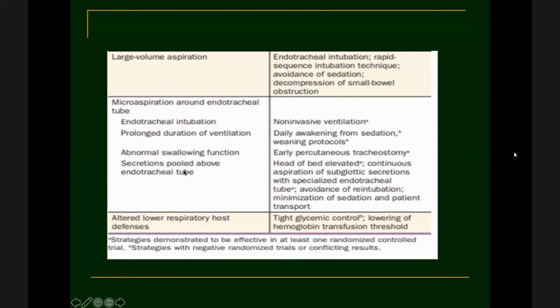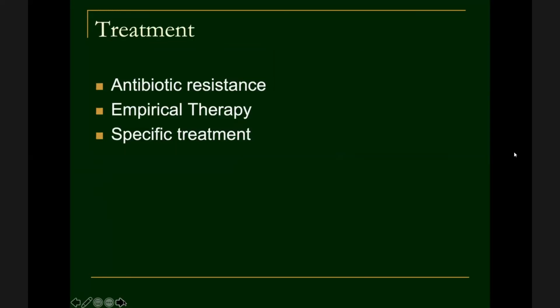For secretions pooled above the endotracheal tube, keep the head of the bed elevated, with continuous aspiration of subglottic secretions using a special endotracheal tube. And for altered lower respiratory host defenses, tight glycemic control and lowering of the hemoglobin transfusion threshold. All these are the things that you can try to prevent hospital-acquired pneumonia or ventilator pneumonia.